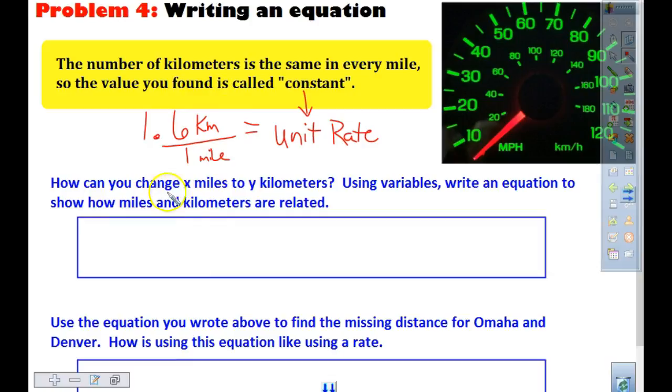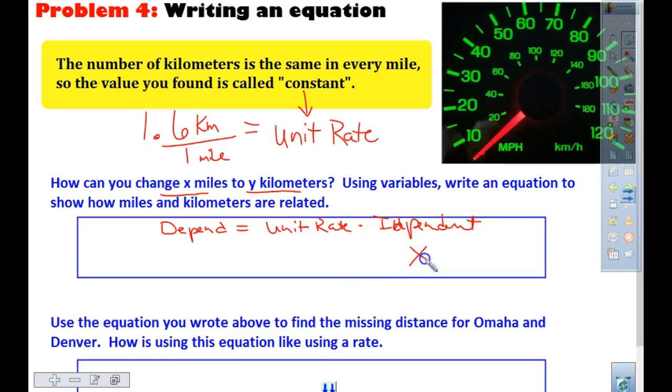So it says, okay, now we're going to, how many changes in x to y kilometers? Using variables, write an equation. Remember, our equation is the dependent variable, please write this down, is equal to our unit rate. So when you take your quiz Monday, you're just going to get this, times the independent variable.